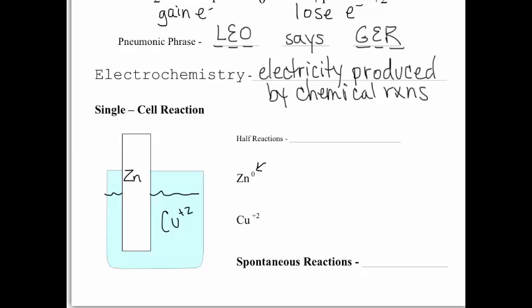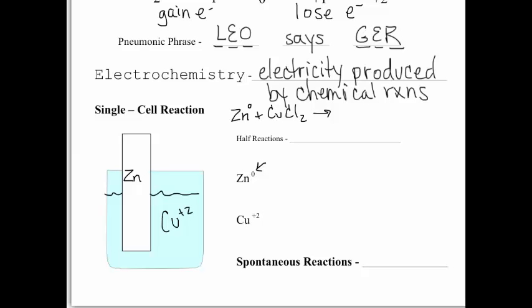So what's happening in a single cell reaction is a very simple reaction where you've actually seen it before. It's a single replacement reaction. I'm going to write out the full reaction so you can actually see what's happening. I have zinc solid, which would have a 0 oxidation number, and I have copper 2 chloride. And if you recall, we used table J to predict if this reaction would happen spontaneously.